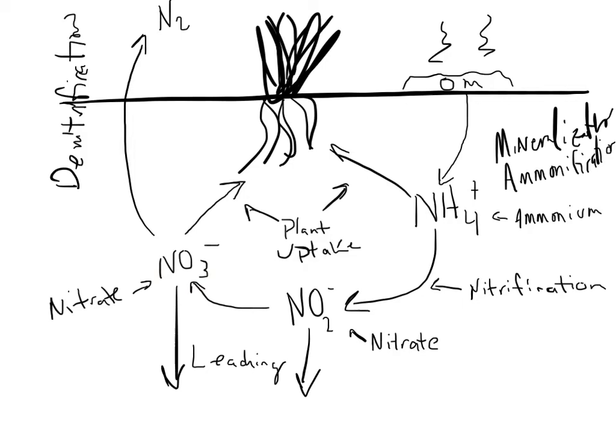One of the largest ways that we add nitrogen to the soil is through ammonia, so that's NH3 as a gas, and we inject this gas into the soil, and it very rapidly becomes ammonium, which can be taken up or go through these processes and be taken up as a nitrate form.